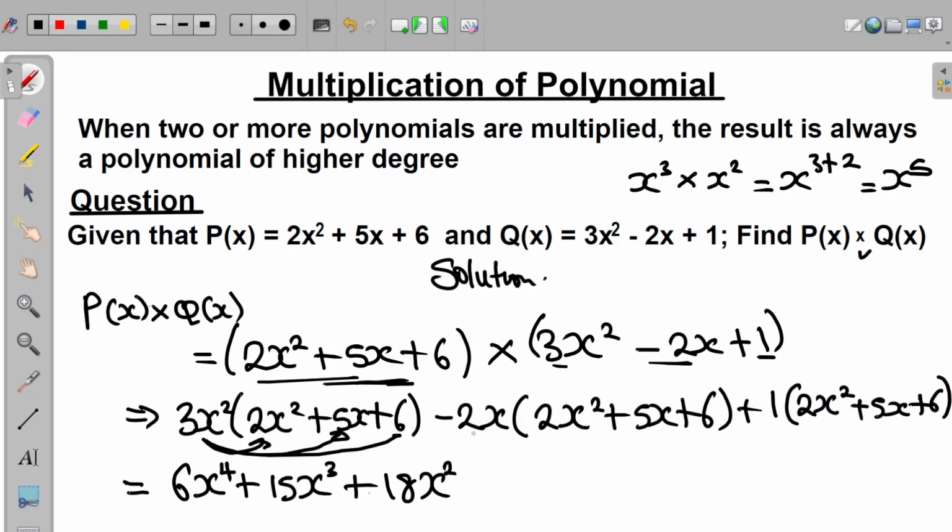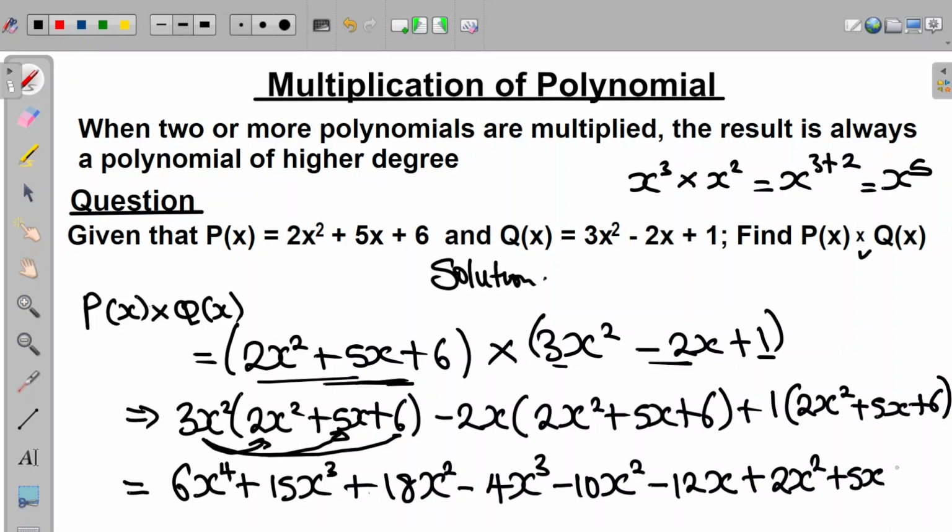Now also, minus 2x multiplied by 2x² is giving us minus 4x³. Minus 2x multiplied by 5x is minus 10x². Minus 2x multiplied by 6 is minus 12x. Plus 1 times 2x² is 2x². 1 times 5x is 5x. And 1 times 6 is 6.